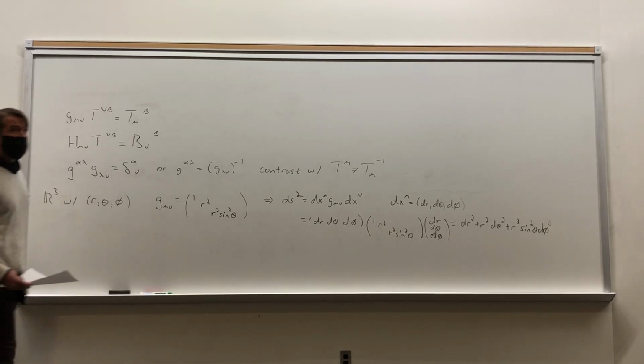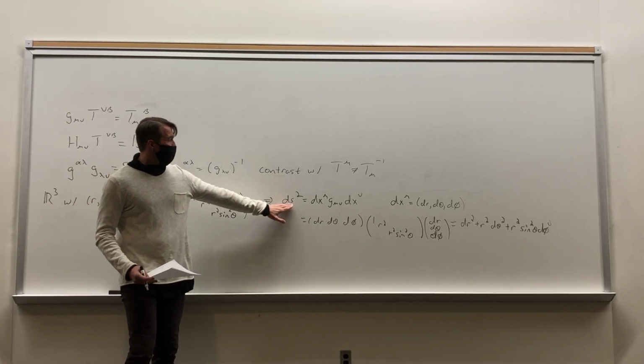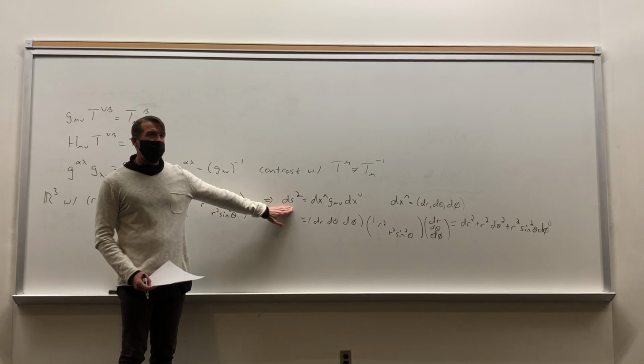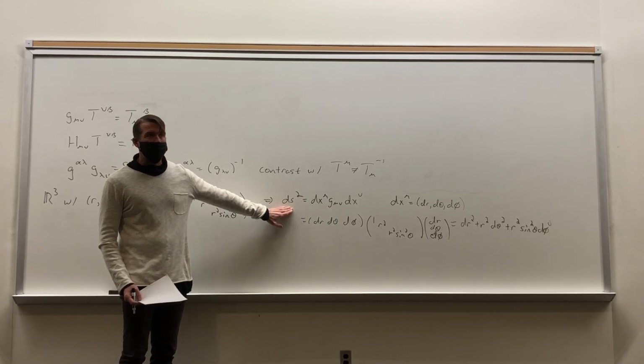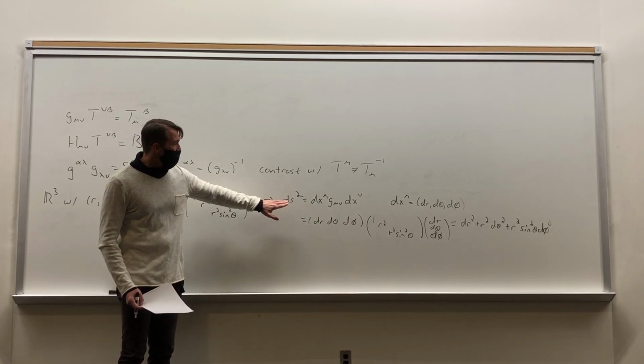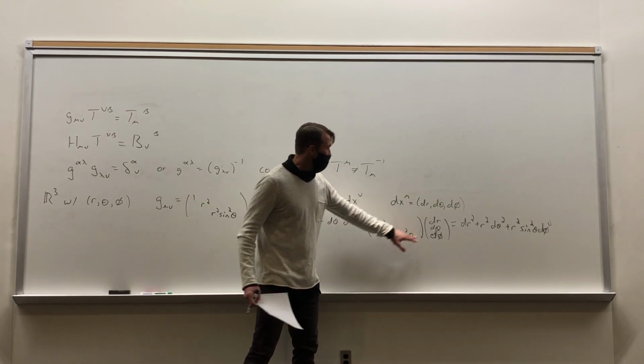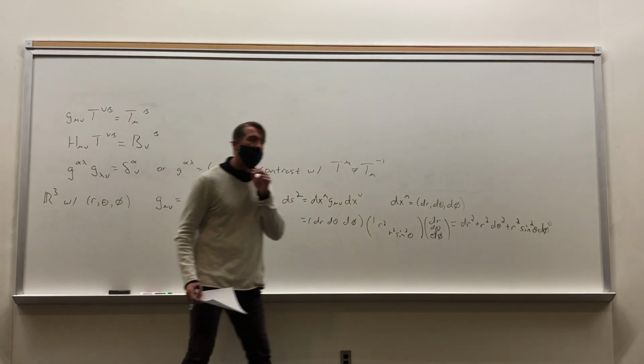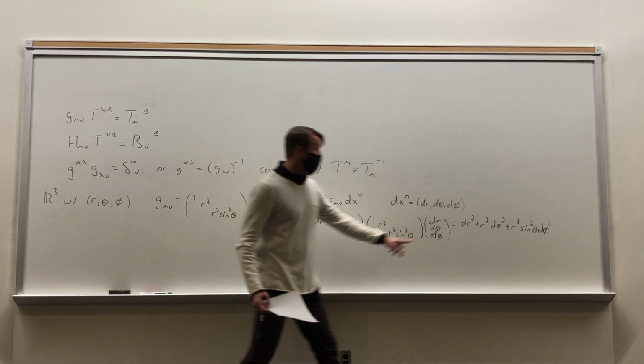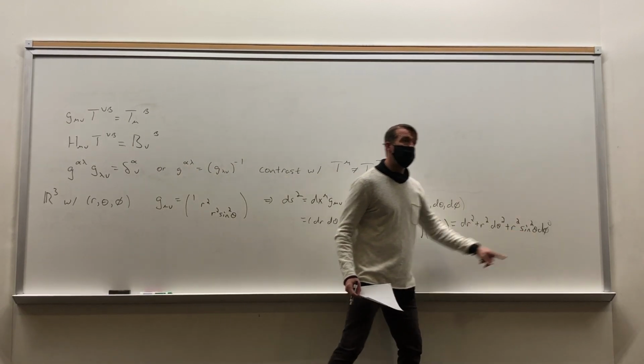Now here's an important observation. This line element is one way of conveying what the metric is in its matrix form. If you know what the line element is and you know what coordinates you're working with, you can extract the matrix form of the metric. Really, you just read off the coefficients here.